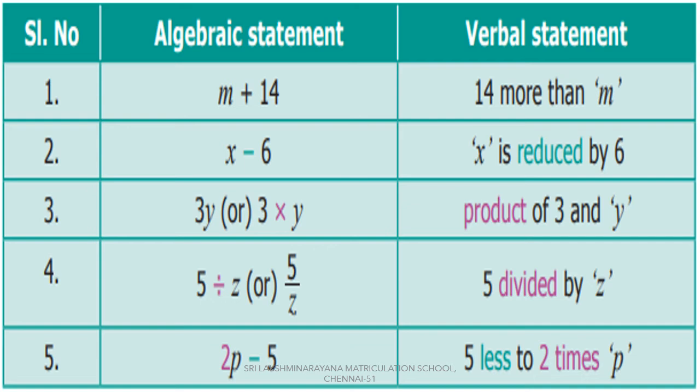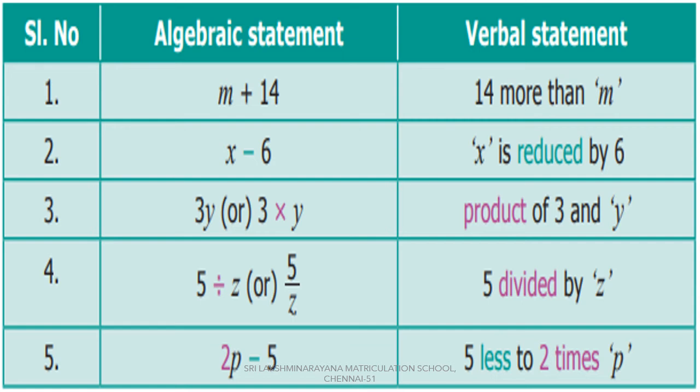Then the fourth one, division as well as fraction. Both are the same, whether we write it as a fraction or with a division sign. It is in the form of division. So we can write it as 5 divided by z. And the fifth one, listen here, it is different. 2p minus 5.